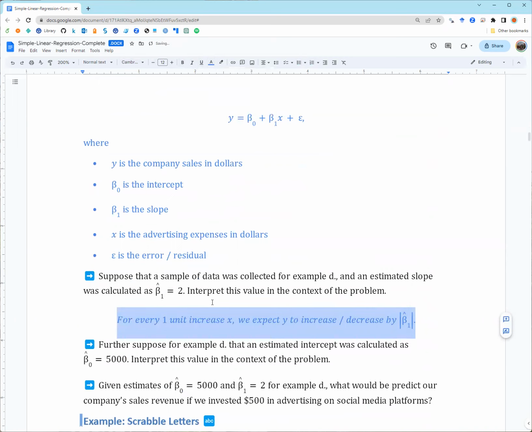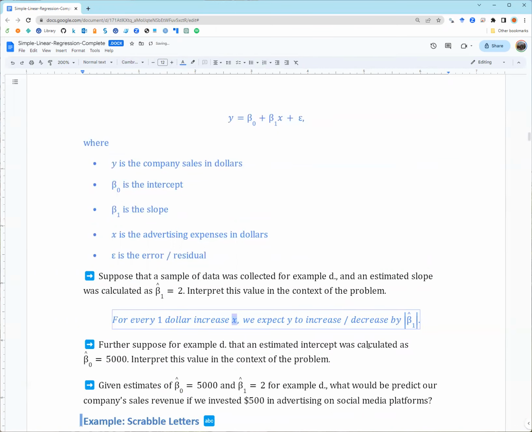So we would say for every $1 increase in advertising expenses, we expect sales to increase or decrease.